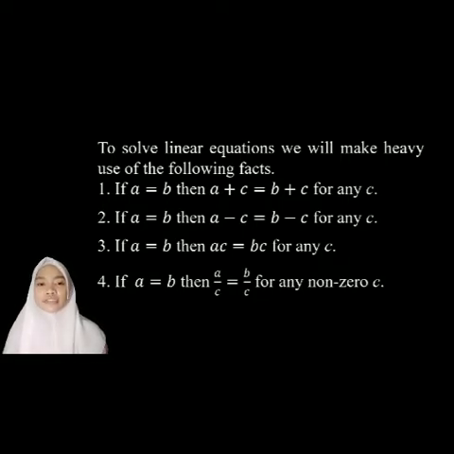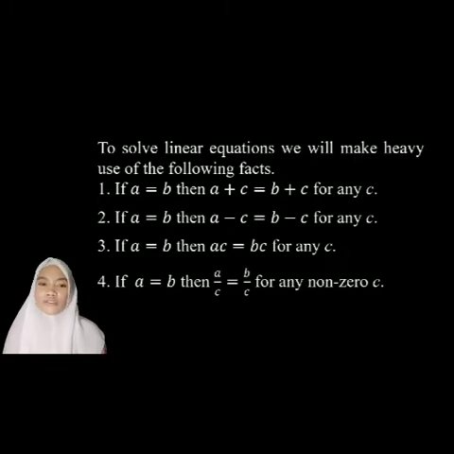All this is saying is that we can add a number c to both sides of the equation and not change the equation. 2. If a = b, then a - c = b - c for any c.